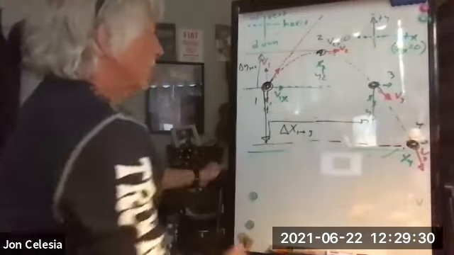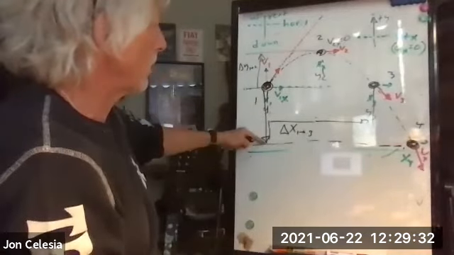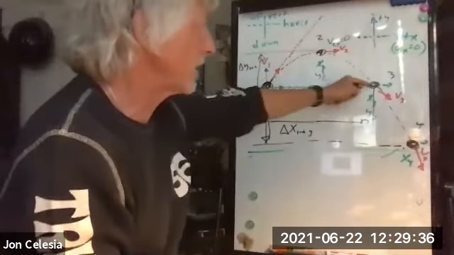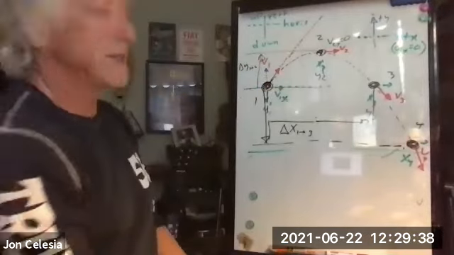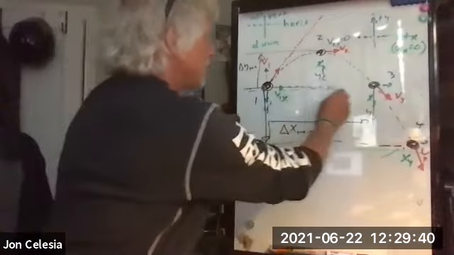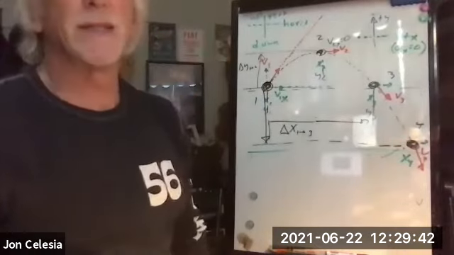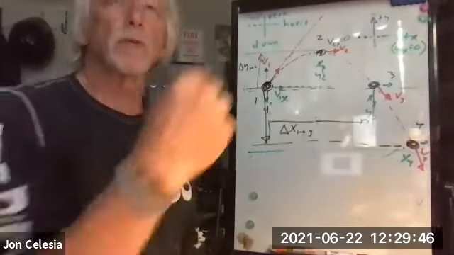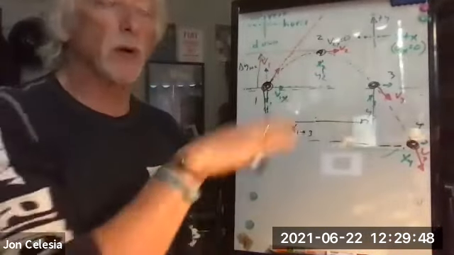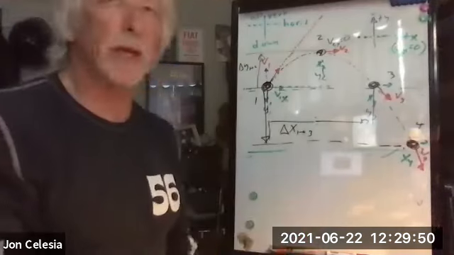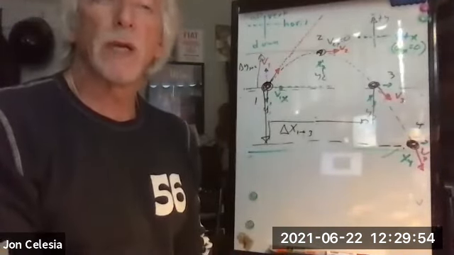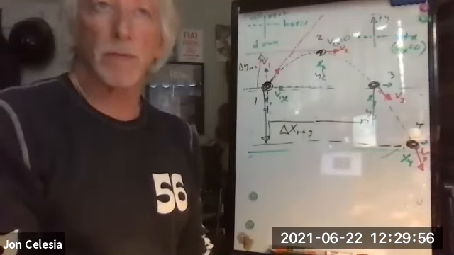So that would be delta y 1 to 4. Delta y 1 to 2. What's delta y 1 to 3? What if you start somewhere, you travel around and you end up in the same place? What's your displacement? What's your change in position?